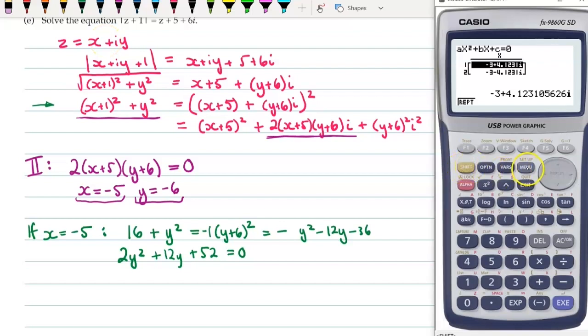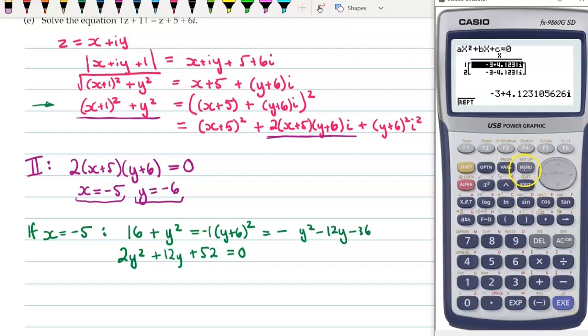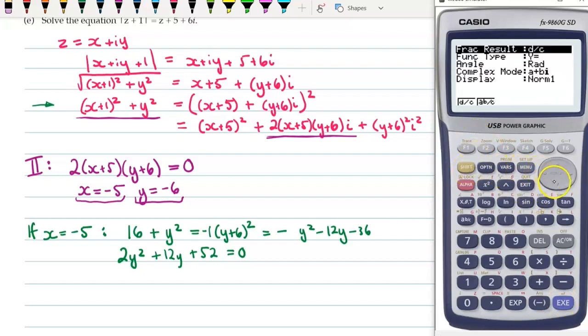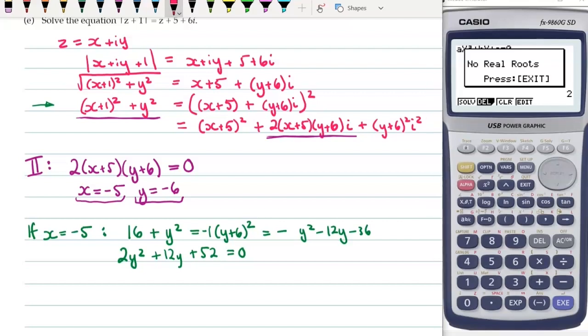Now this is showing me complex roots because I previously had my calculator settings in complex mode. If you didn't, and it was just showing real answers only, and we hit solve, you'd see there's no real roots. Okay, so this one doesn't work as a solution. No real roots.